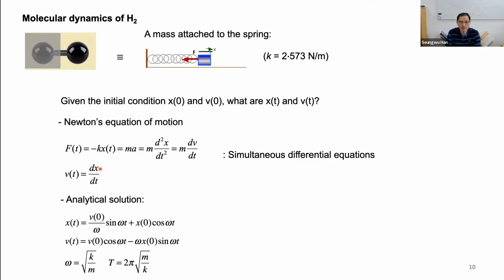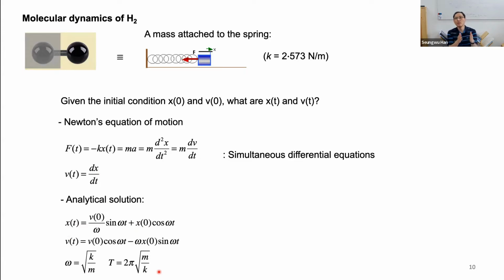And therefore, you have a set of simultaneous differential equations. Okay, and we know that the solution can be obtained analytically, and this is x and v, and with the initial conditions, it is a harmonic vibration with angular frequency and also with the period. Okay, so this is simple and we can obtain it analytically.